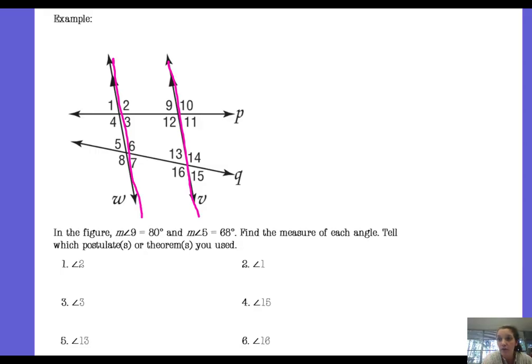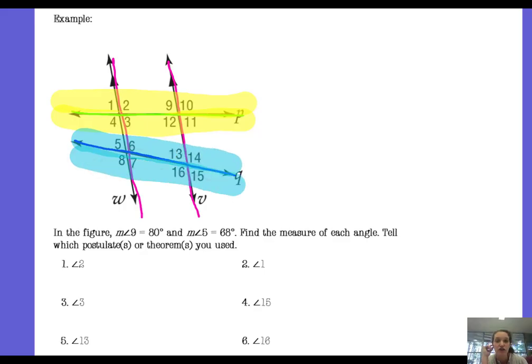So the only way that I can look at this scenario and apply my special relationships is I can look at these angles along transversal P, because lines W and V are parallel, and I can look at these angles along transversal Q, because W and V are parallel.